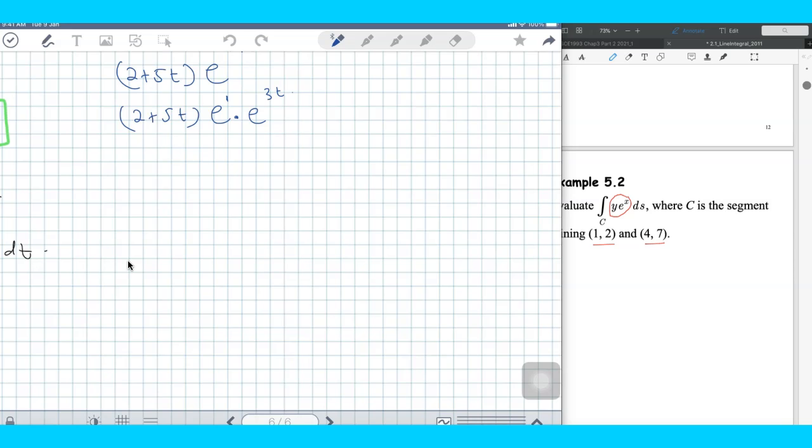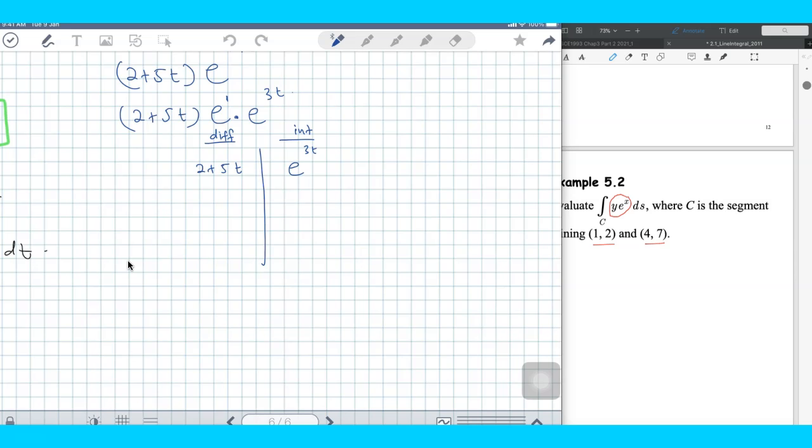You have the polynomial part to be differentiated, and the exponential part e to the 3t to be integrated. So I hope that you know how to use the tabular method.